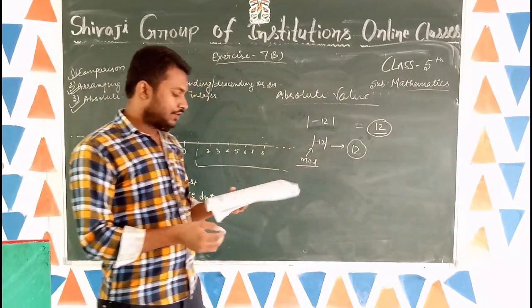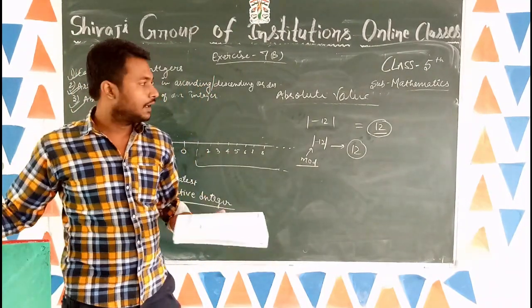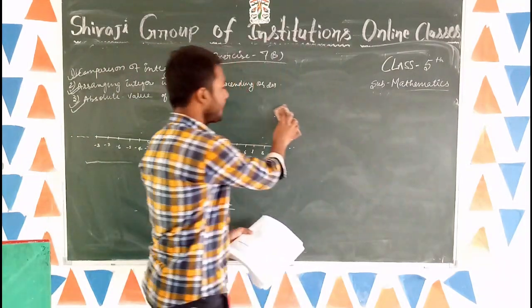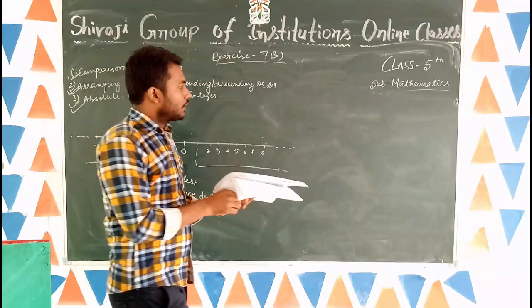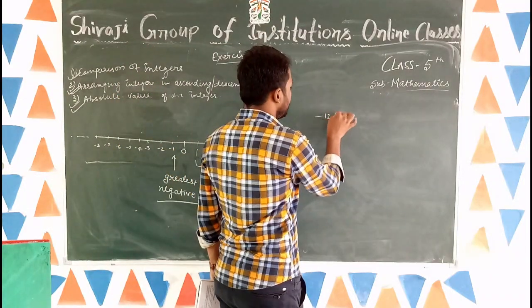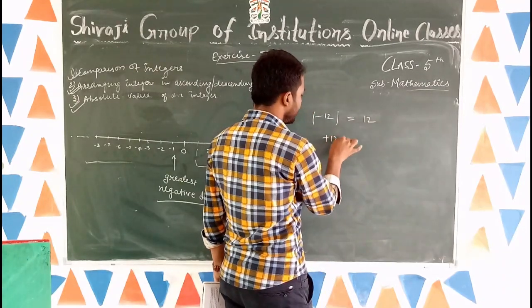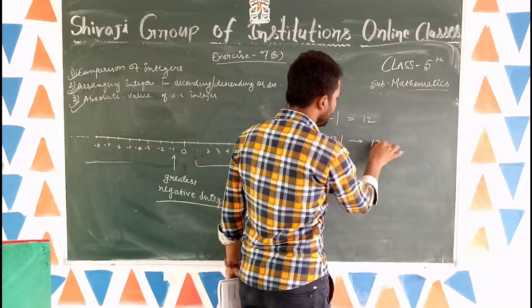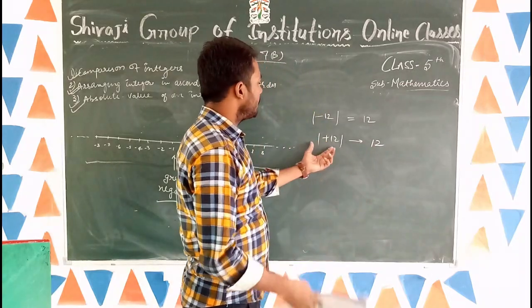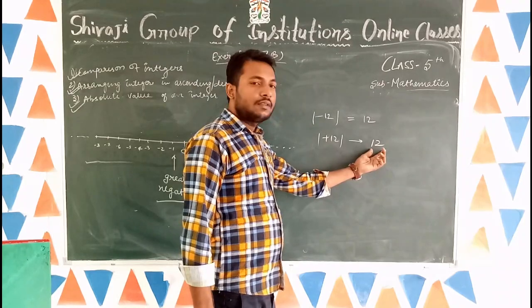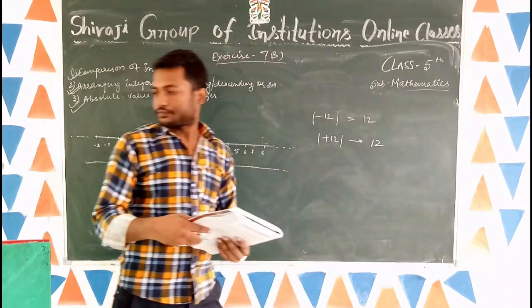We will solve question number D. One more thing, if there is -12, then its absolute value will be 12, and if there is +12, then its absolute value will be +12. Okay, so by using mod, or we can say by finding absolute value, we mean only the numerical value.